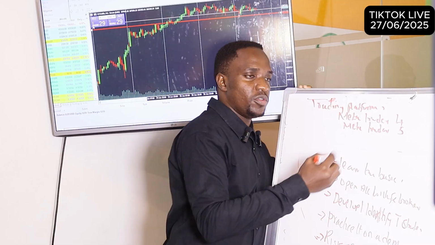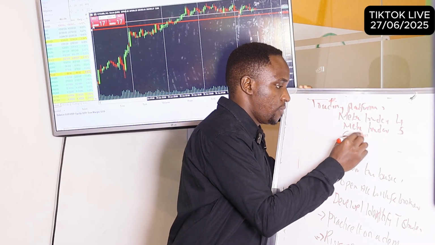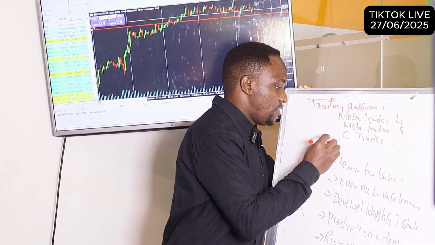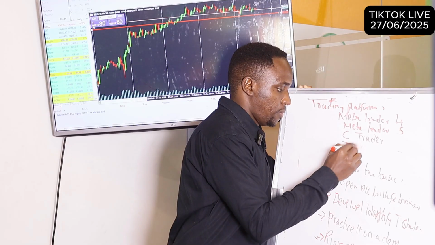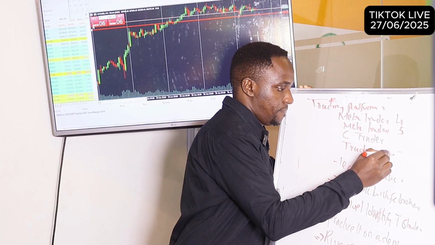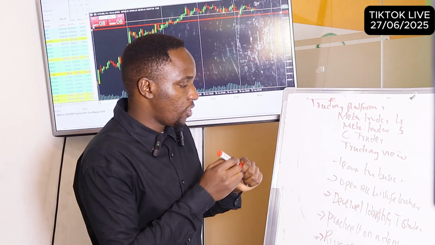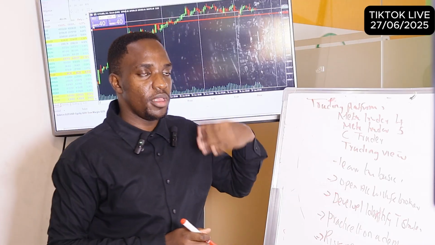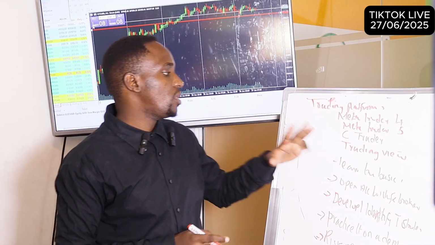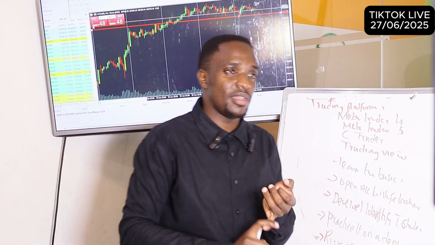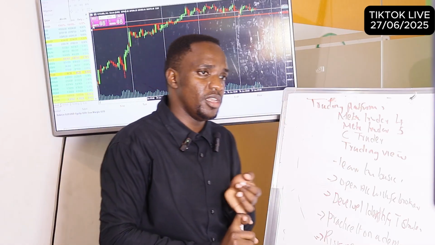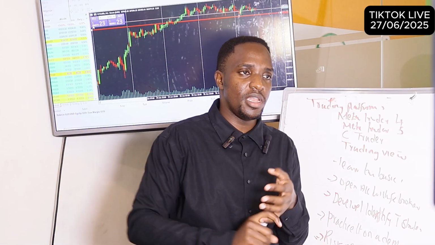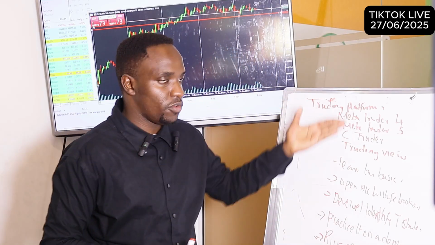We have another trading platform we call CTrader. We have another one we call TradingView. Now, this TradingView is the most advanced trading platform in the market. Also, when you're talking about prop firms like Pro Farm Trading, we have Match Trader and Trading Locker. Those are also other trading platforms.